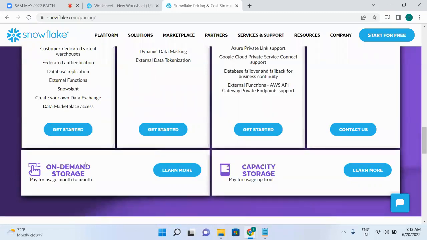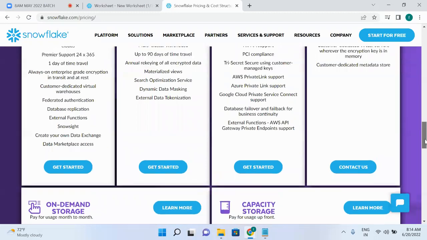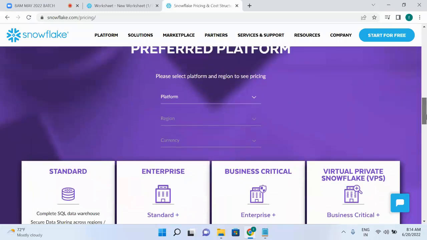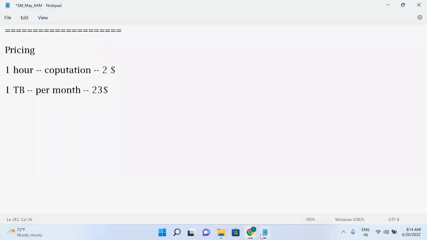Pre-purchased and postpaid. The same way here, capacity storage is nothing but pre-purchased, and on demand is related to postpaid. Now coming to this, if you observe, what are the charges? What we know, as discussed, is $2 for 1 hour of computation and $23 for 1 TB, right?